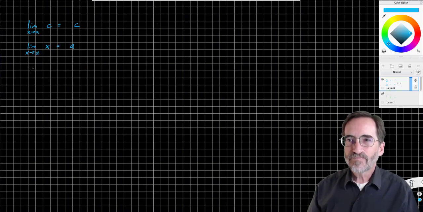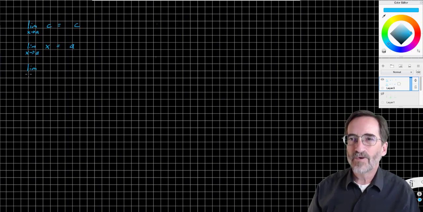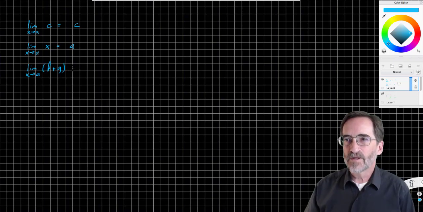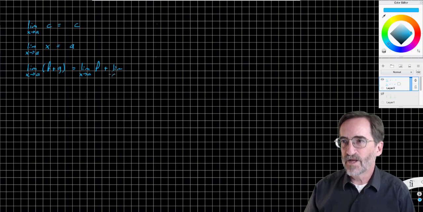Then there are these following properties. The limit as x approaches a of f plus g, where f and g are functions of x, is the limit as x approaches a of f plus the limit as x approaches a of g.